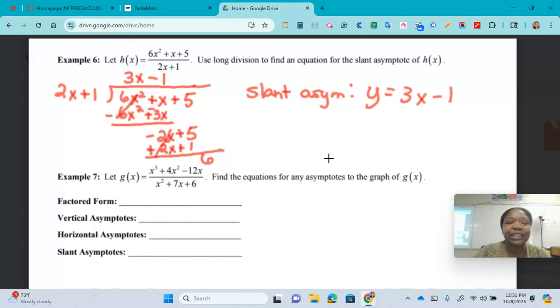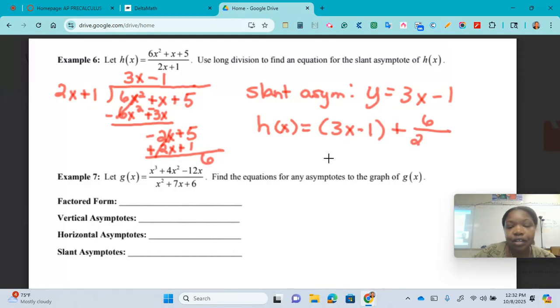So we have a slant asymptote at y equals 3x minus 1. And when we divide those two polynomials, we have our answer of h of x equals 3x minus 1 plus 6 over 2x plus 1.